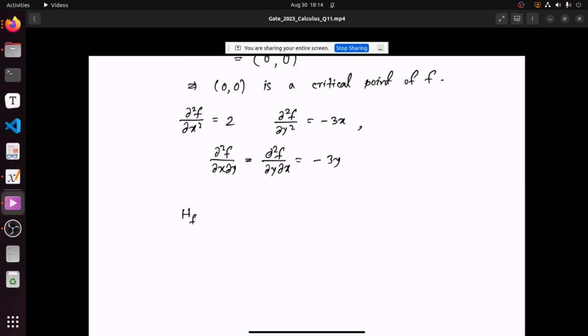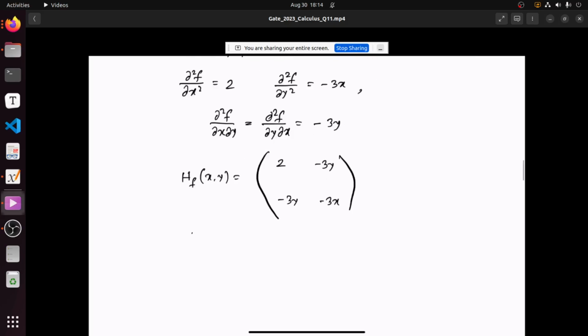Then what will be the Hessian matrix? H of f at a general point x y will be 2, minus 3y, minus 3y, minus 3x, right?